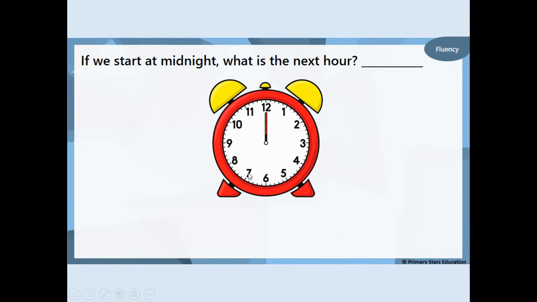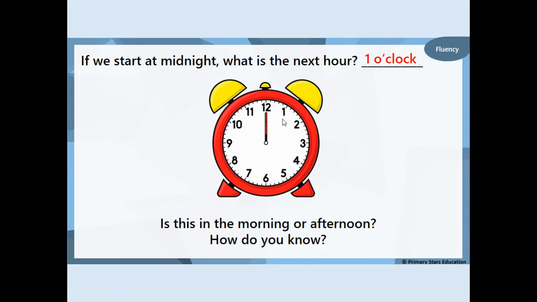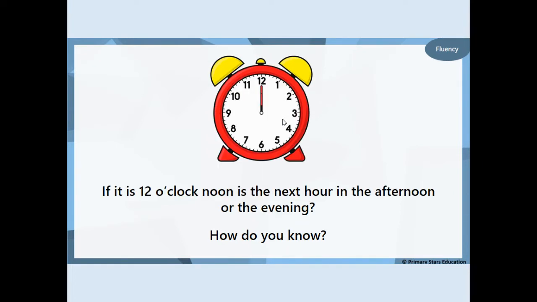Remember, your minute hand will go all the way around, and your hour hand will go to the next hour. So it's 1 o'clock. Now, do we know whether it's in the morning or afternoon? Well, as I said, this is when the new day starts. So it's going to be 1 o'clock in the morning.